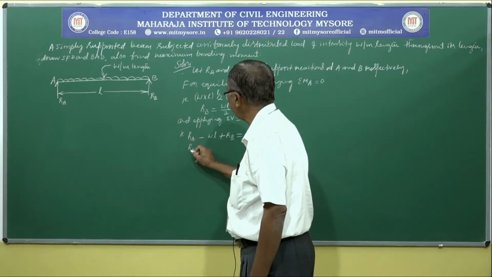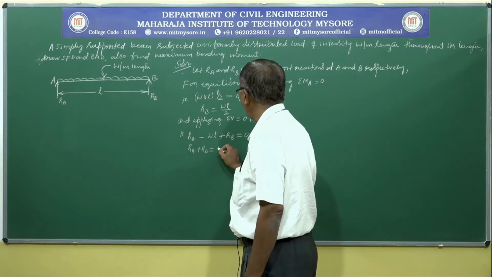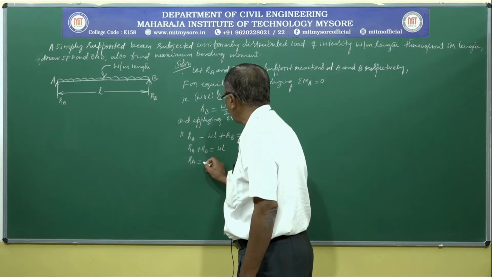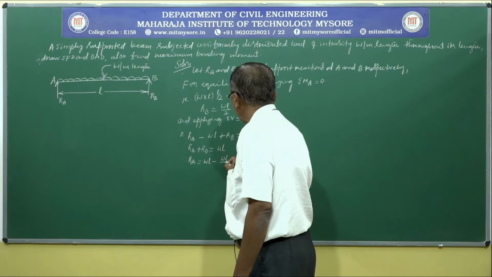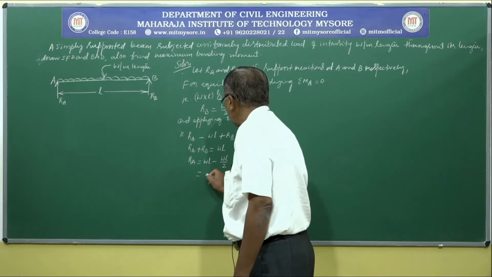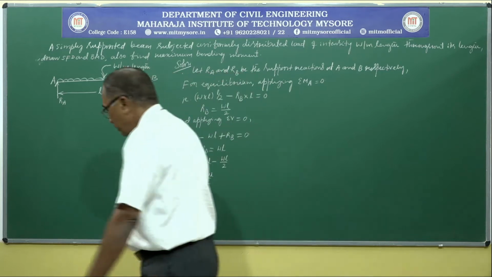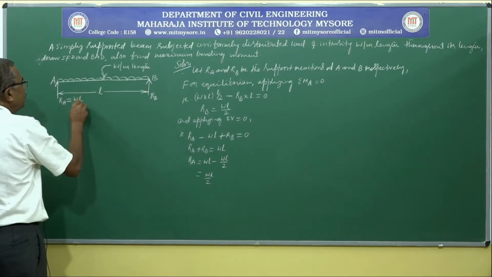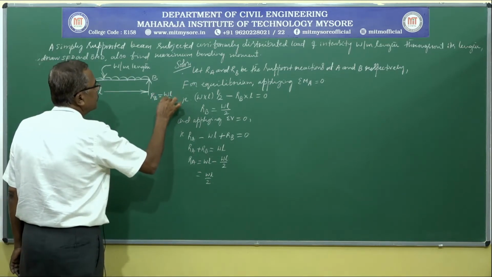RA plus RB is equal to WL and RA is equal to WL minus WL by 2, that is equal to WL by 2. So, RA is equal to WL by 2 and RB is equal to WL by 2.